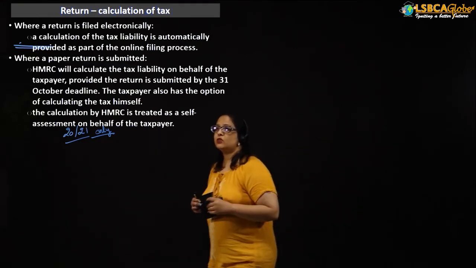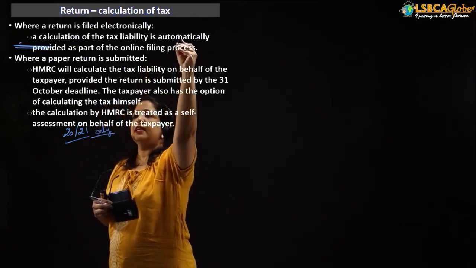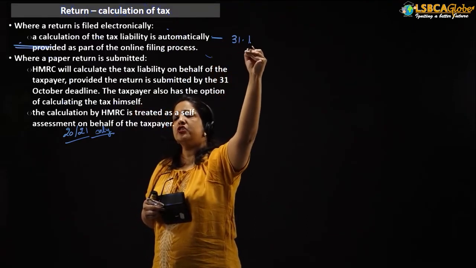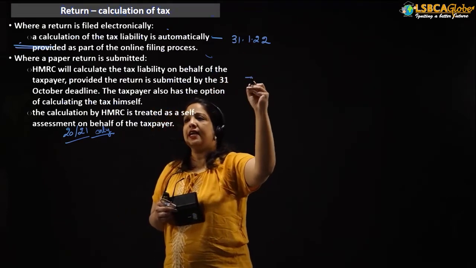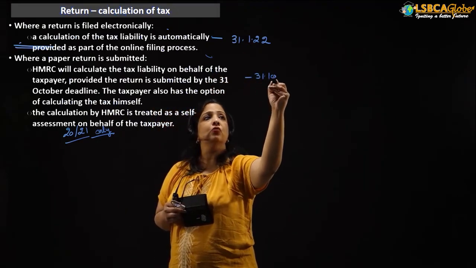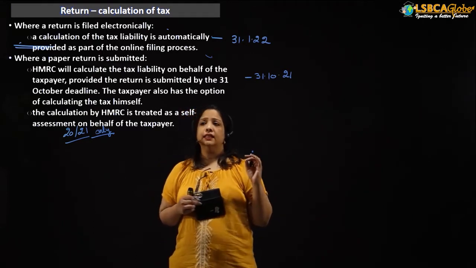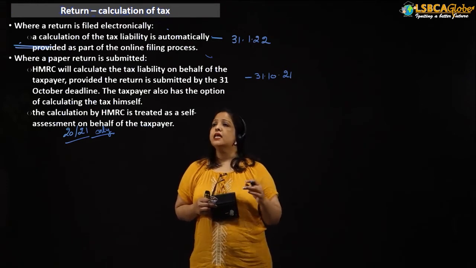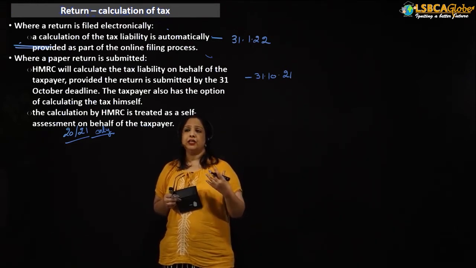Even the deadline is going to be different. If it is electronic, the deadline is 31st January 22, but if it is paper based, the deadline is 31st October 21. Either the taxpayer can calculate the tax liability himself or he can ask a HMRC official to calculate it on his or her behalf.